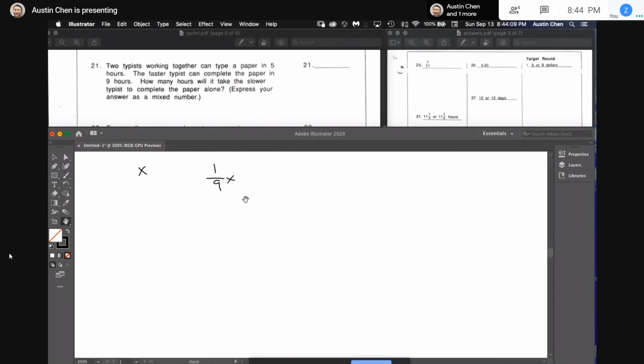And the two typists working together type a paper in 5 hours. So their rate is 1/5 x, because every 5 hours they're going to type a paper. And then you're adding something to get this rate.